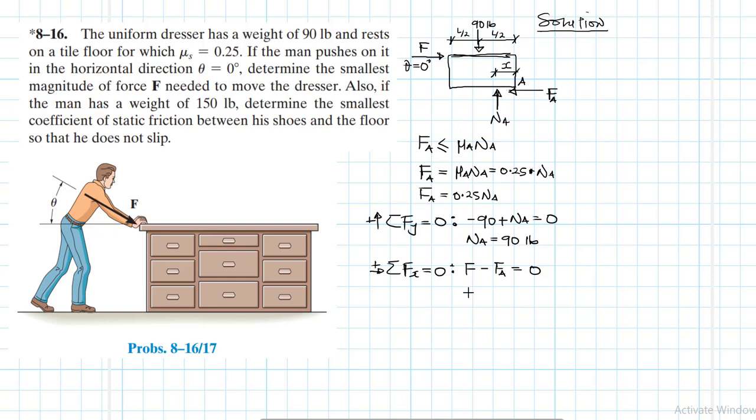We know what FA is, and therefore F will be equal to FA, which is equal to 0.25 NA.